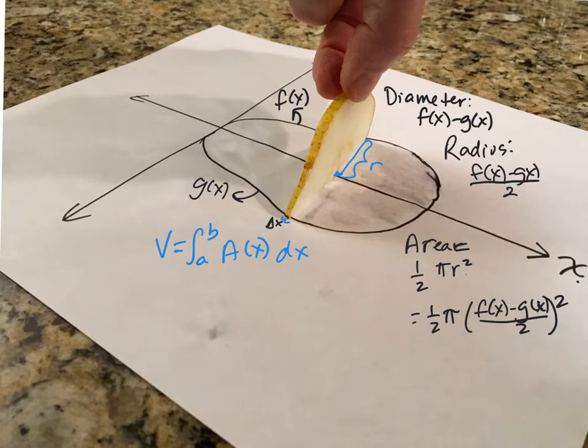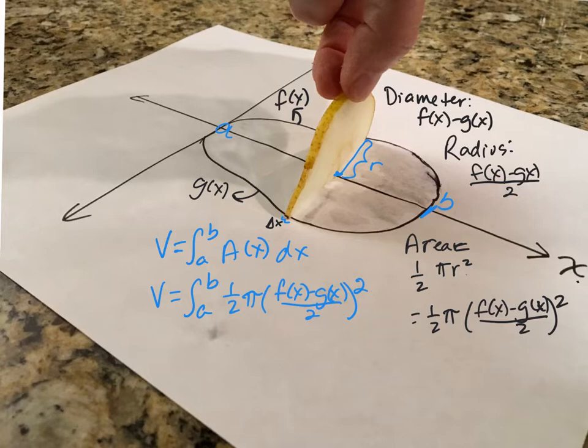So the volume of this half a pear would be the integral from a to b, since we're integrating with respect to x, I need x bounds. Of course this left bound looks like it's 0, but let's just call it a, and this right bound here, let's call it b. So we're going to integrate from a to b of the area of our base. Well, we've already done that work. That was right here. So that would be 1/2 times pi times f of x minus g of x, all over 2, and then we're going to square that.